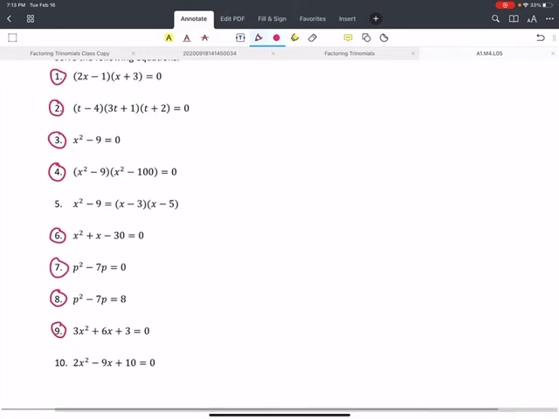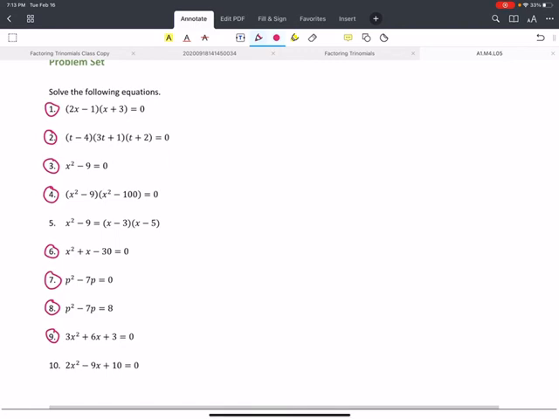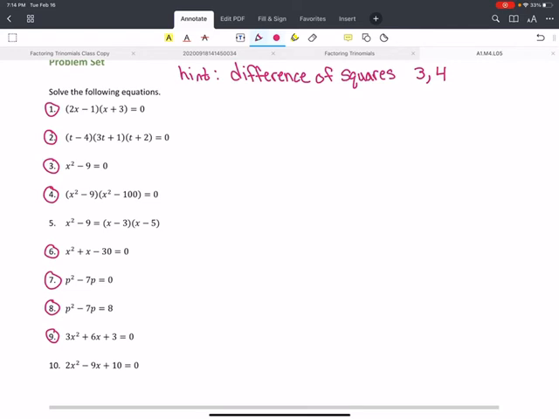Now, I will give you a hint here. Remember difference of squares. If you don't, go back and look in your notes. You're going to need to use difference of squares on number 3 and number 4.